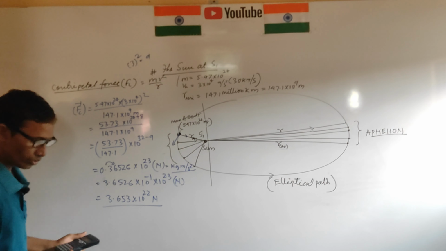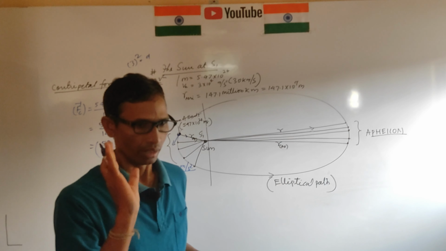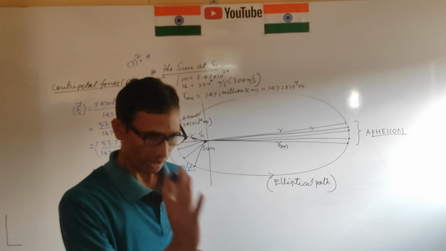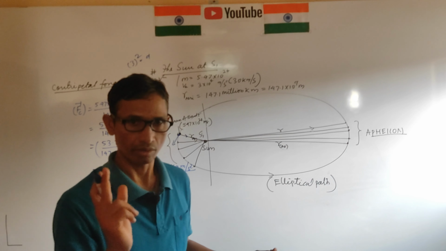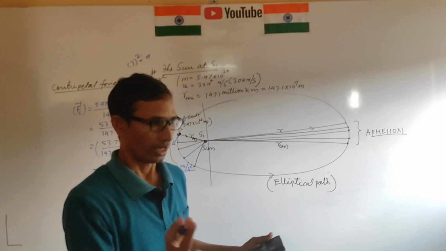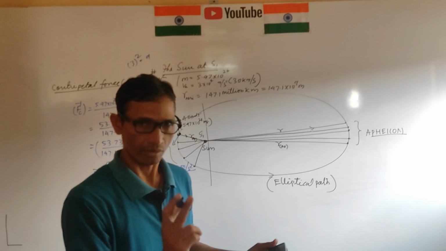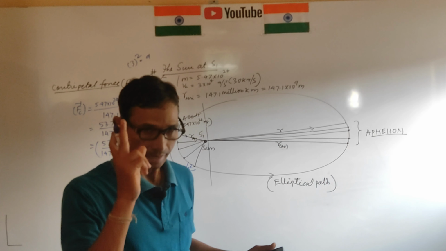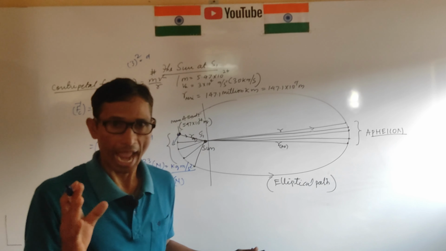This is the huge force acting on the earth when the earth is in the region of perihelion. When the earth is moving on the elliptical path around the sun, in the region of perihelion there is a huge force acting.